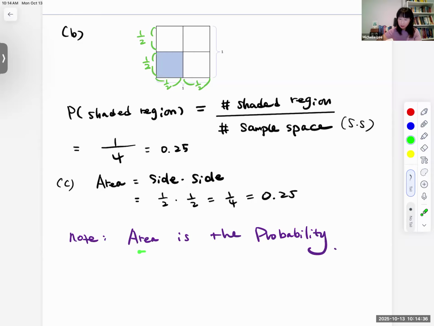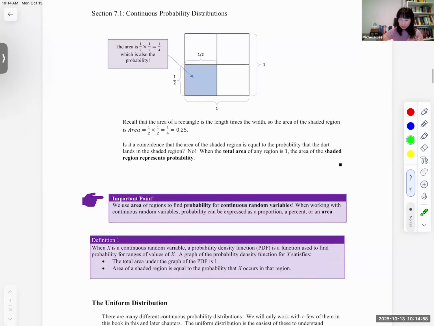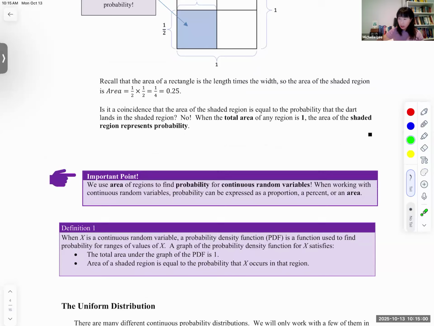When the total area of any region is 1, the area of the shaded region represents probability. So basically, area is the probability. Make sense?